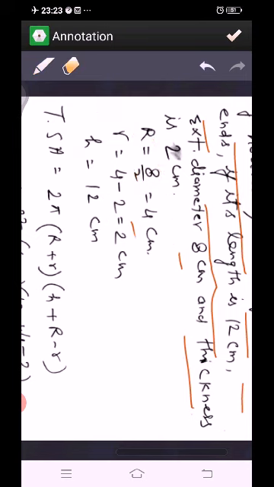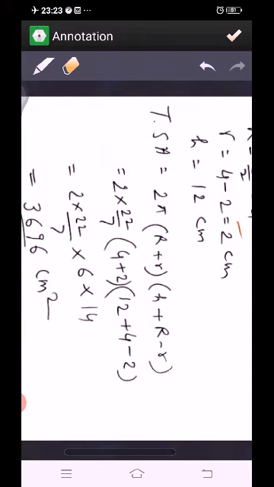Then total surface area of hollow cylinder. In the formula I told, 2 pi (capital R plus small r) into (h plus R minus small r). So we have to just put all the values. 2 pi, 22 upon 7, capital R 4, small r 2, h 12, capital R 4, small r 2.